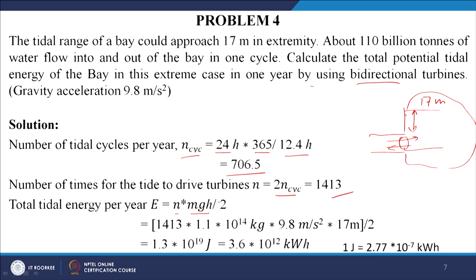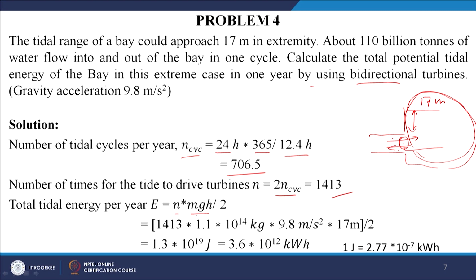Why so? This is the potential energy which is stored in this region, this bay, that will provide the electricity through conversion in the turbine. Potential energy is converted to kinetic energy of the water, then it is the mechanical energy of the shaft, and then through the generator it will give electricity.